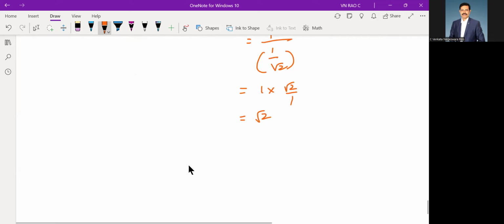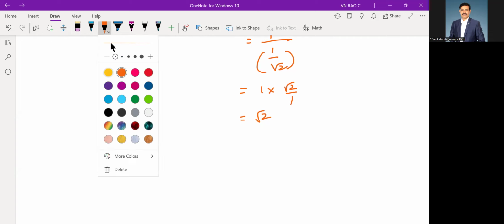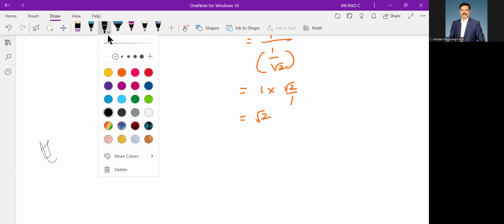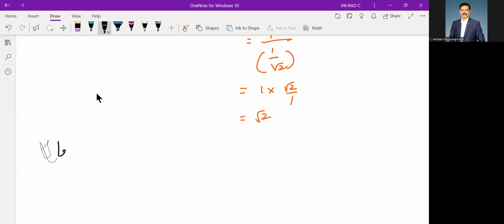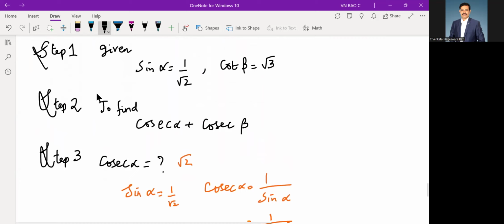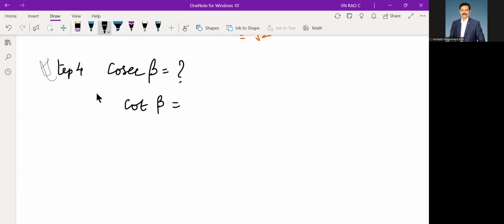Step 4, we write step 4. We want to find cosecant beta. We know that cot beta is given as root 3.